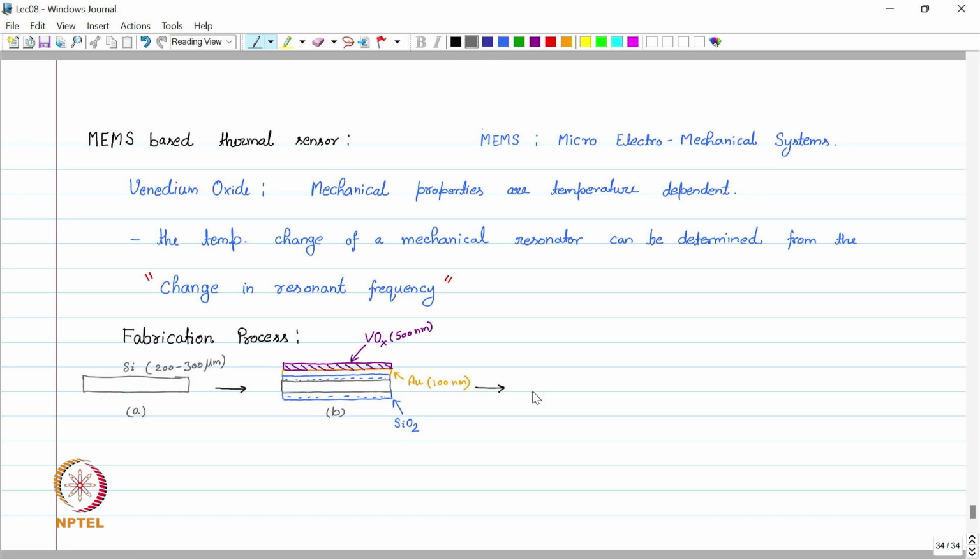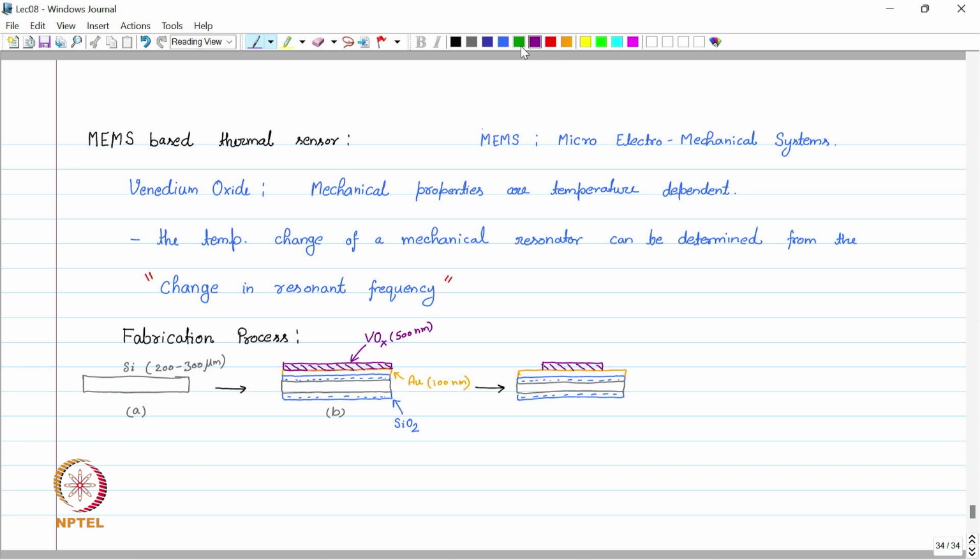So we have our silicon, the oxide, on top we have gold, and we have vanadium oxide, which we pattern as per our dimensional requirement.